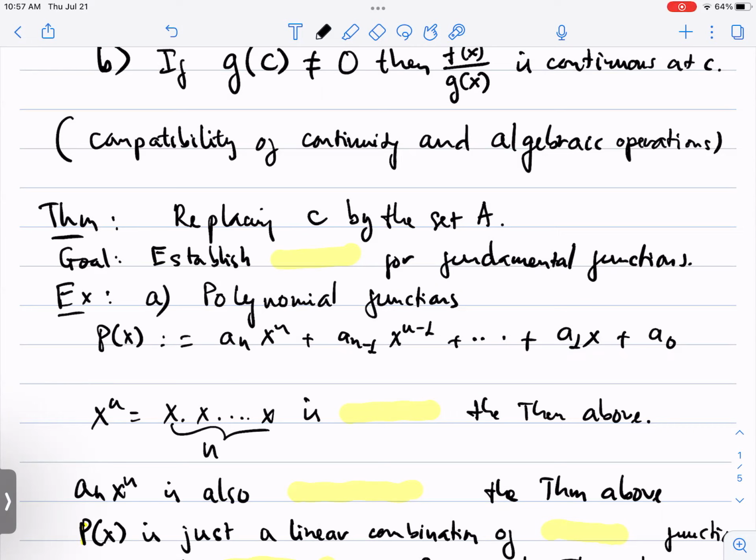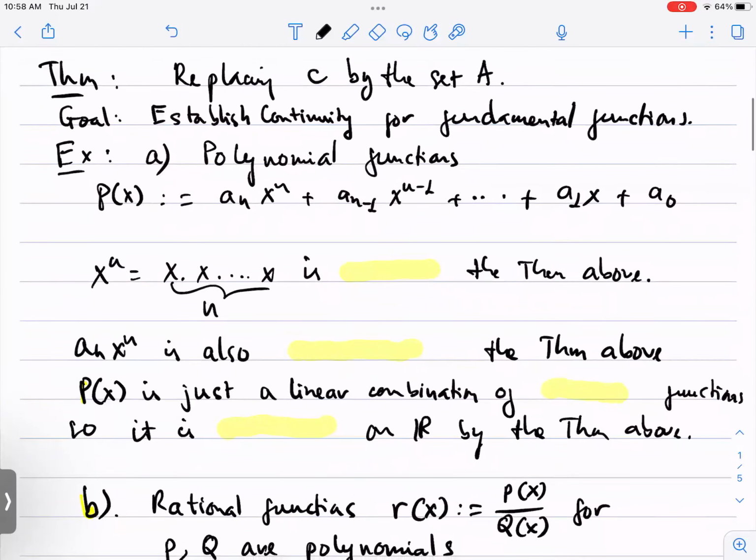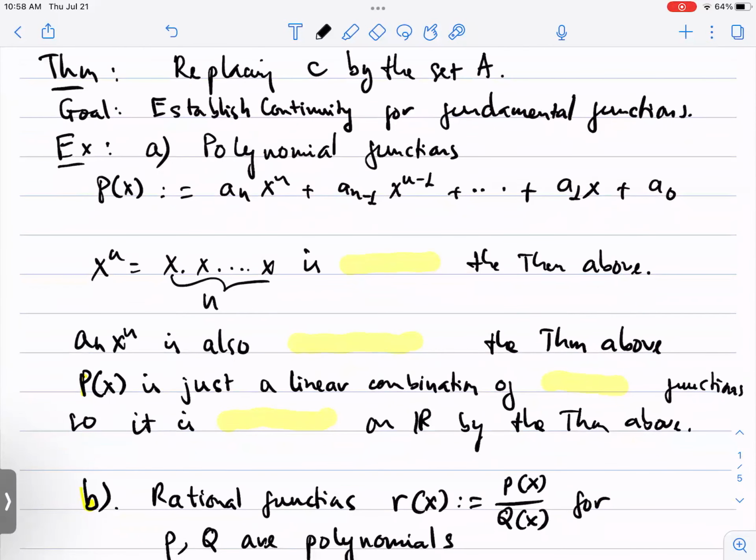Now, the next goal is to establish continuity for fundamental functions. The first is a polynomial function. We consider the polynomial p of x equal to a_n x to the n plus a_(n-1) x to the n minus 1 plus dot dot dot plus a_1 x plus a_0.